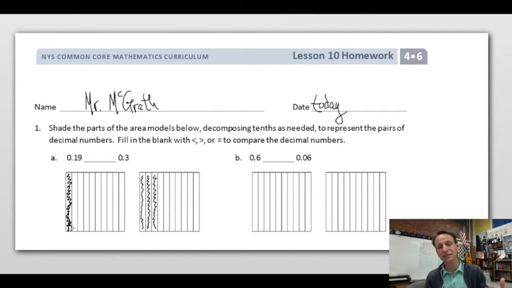Now I'm just going to decompose this tenth into tenths, so into hundredths. So I can do my 9/100ths here. So 1, 2, 3, 4, 5, 6, 7, 8, 9. Because simply for me, drawing all those horizontal lines ends up becoming something of a mess. 2, 3, 4, 5, 6, 7, 8, 9.